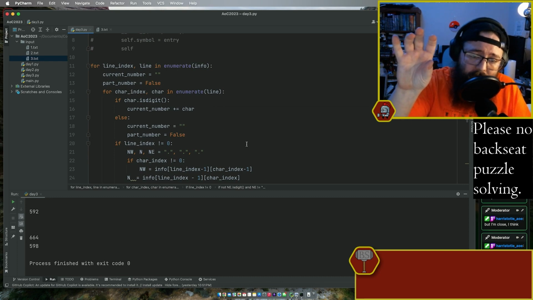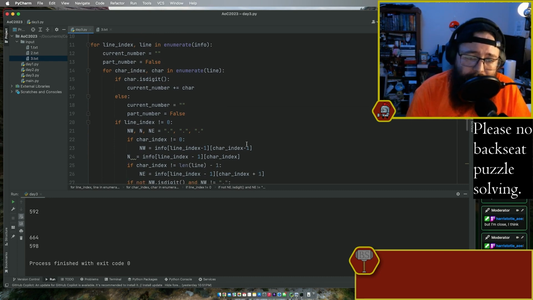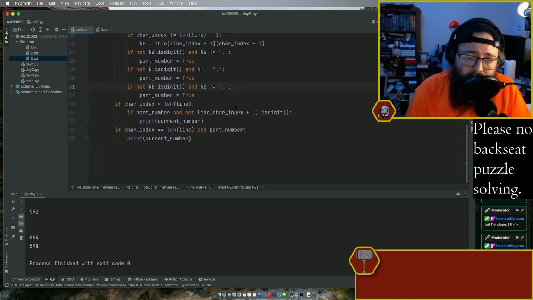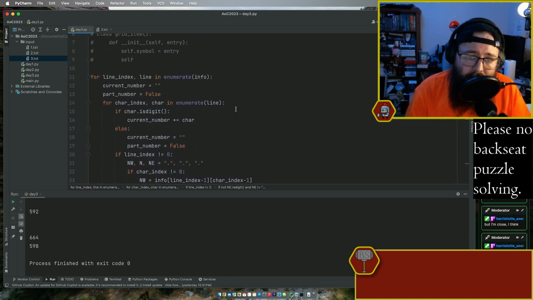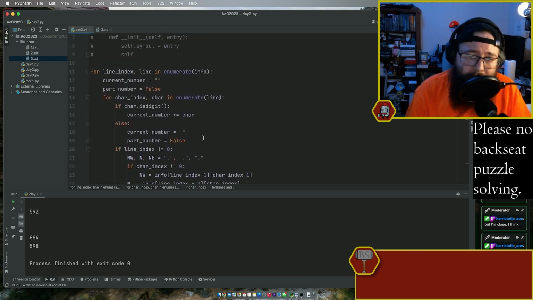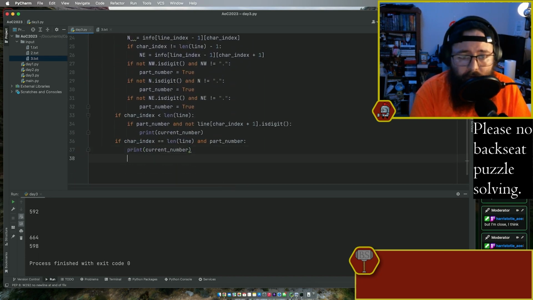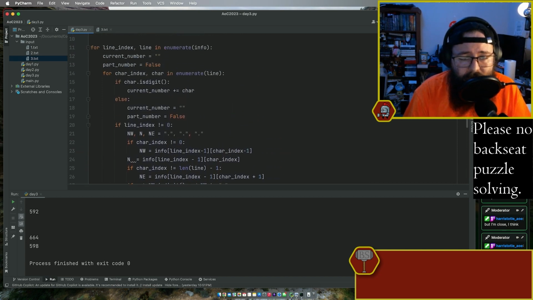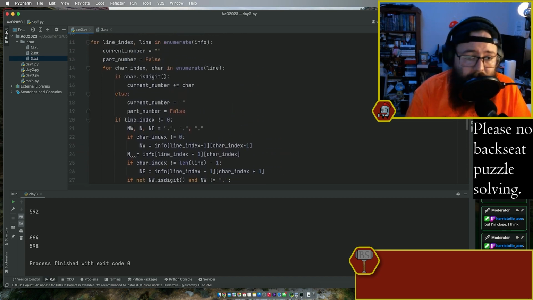Now we need to look below, and we need to look left and right. So let's see. Basically, we need to do the same thing for below.